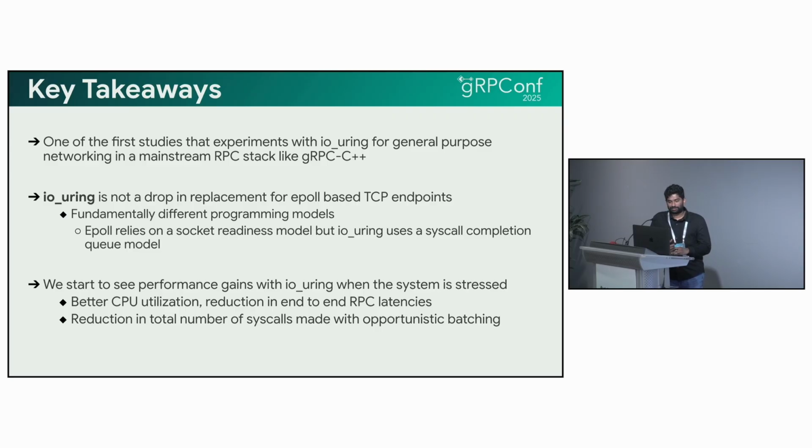Both of them have fundamentally different programming models. Epoll relies on a socket readiness model, whereas IOU ring uses a syscall completion queue based model. We start to see performance gains with IOU ring when the system is stressed. There's better CPU utilization, reduction in end-to-end latencies, and an overall reduction in the total number of syscalls made.